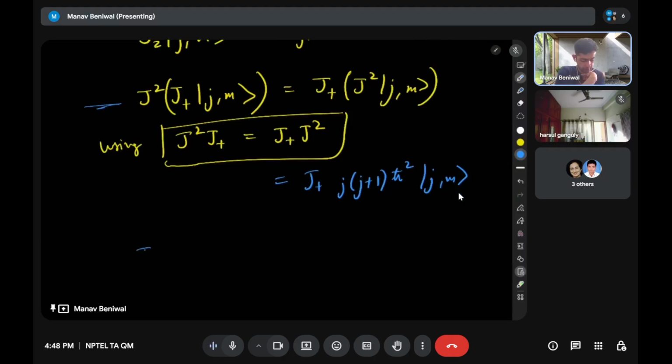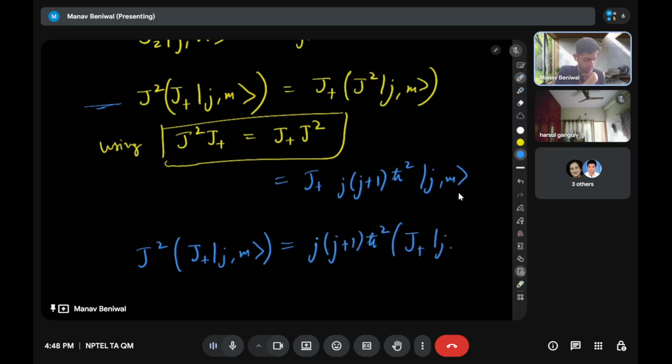Let me again write the left hand side: J squared operating on this ket j plus, j comma m. This is just some number, j times (j plus 1) h cut squared, and again I can write j plus, j comma m.